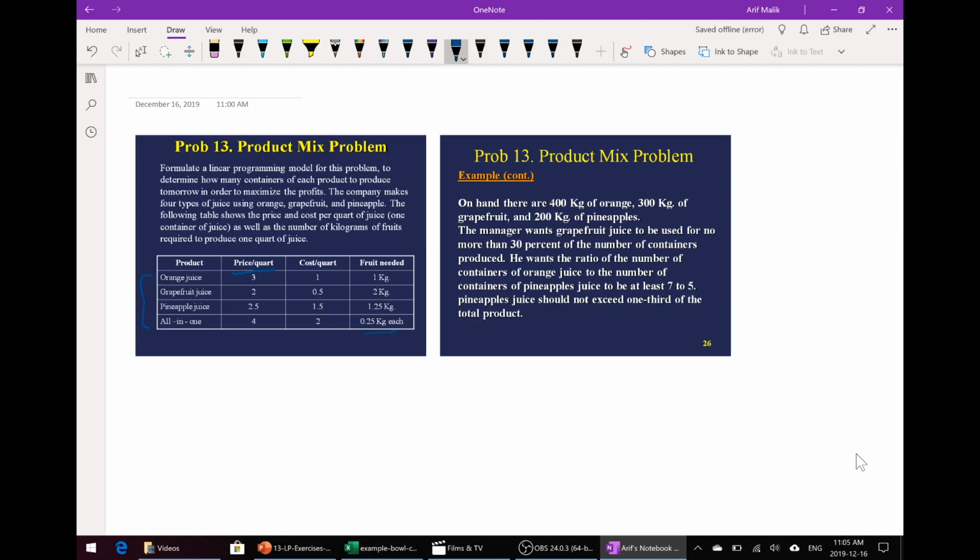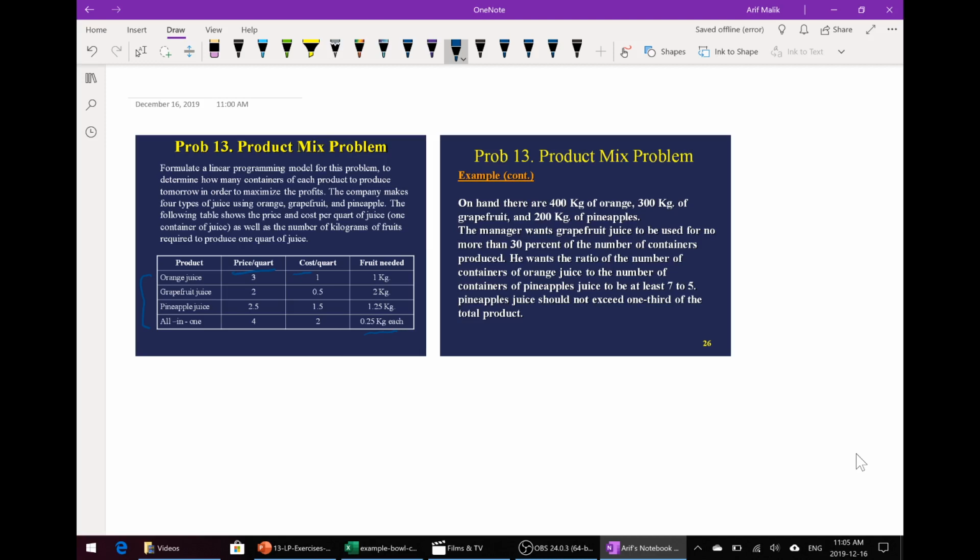Now the price is given, the cost is given, so we can find out the profits. The profit is 3 minus 1, for example, for orange per quart. By the way, the quart is a little less than 1 liter. So we can say price per liter, or price per quart over here, no, it doesn't matter.